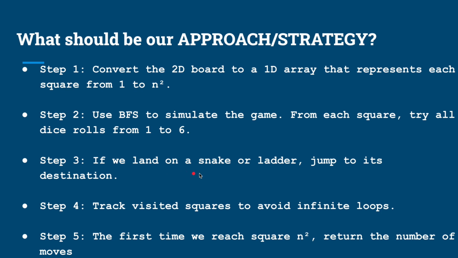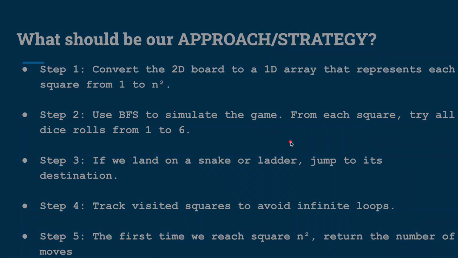If we land on a snake or ladder, we'll jump to its destination. Then we'll track visited squares to avoid infinite loops, and the first time we reach n square, we'll return the number of moves. So these are very easy steps. You can pause it and try by yourself.